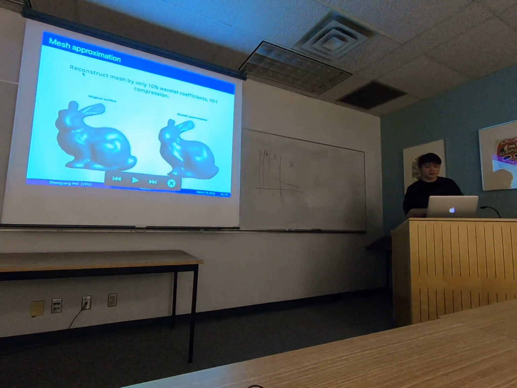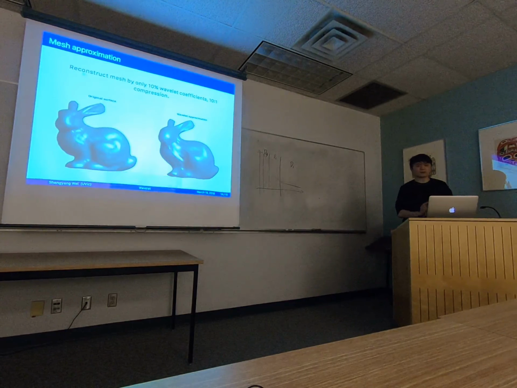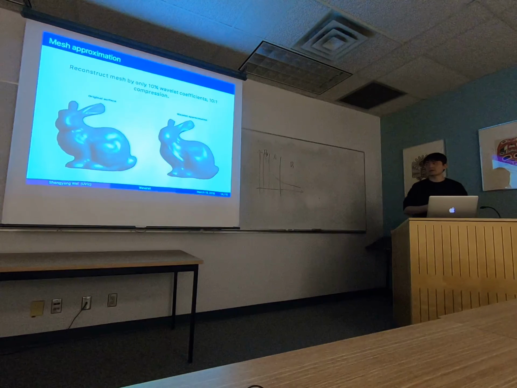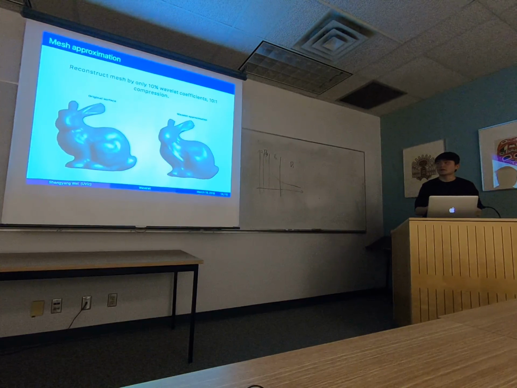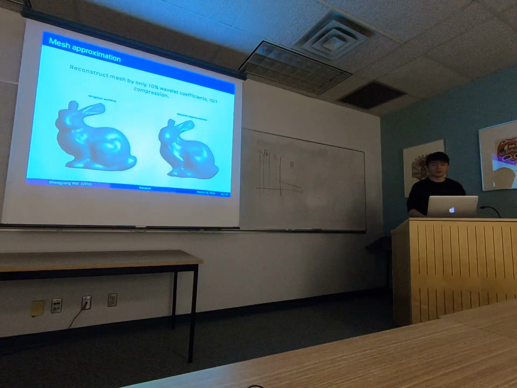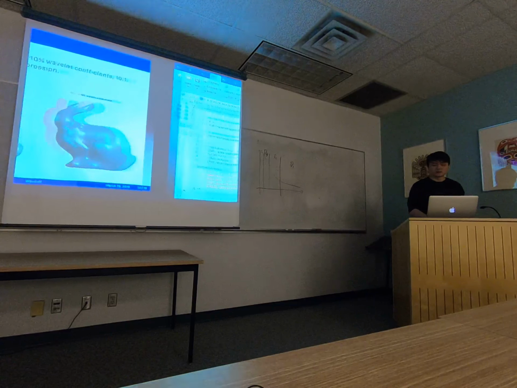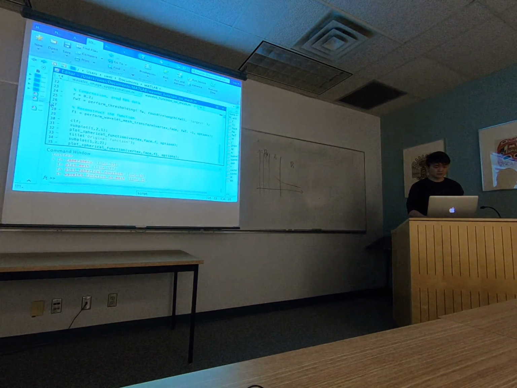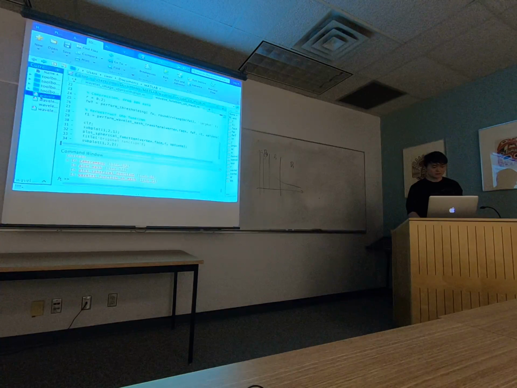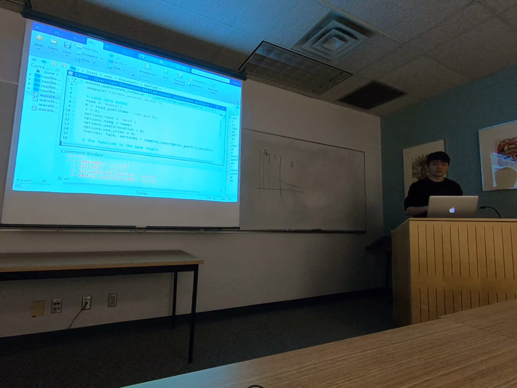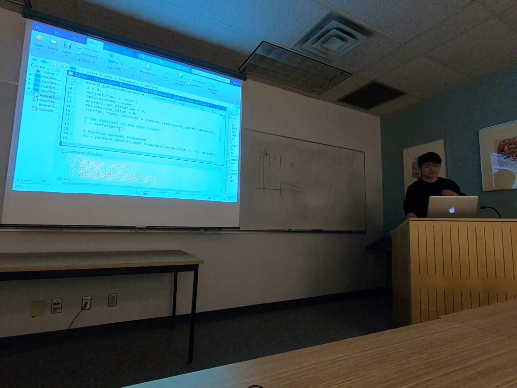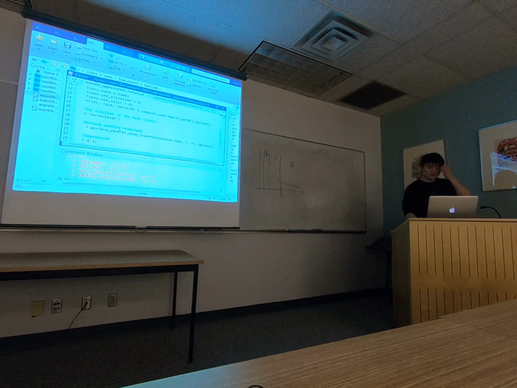The last example is a wavelet transform over the mesh surface. It's also an approximation. So let's check out the code. First we load the bunny data and do some configuration for representation.